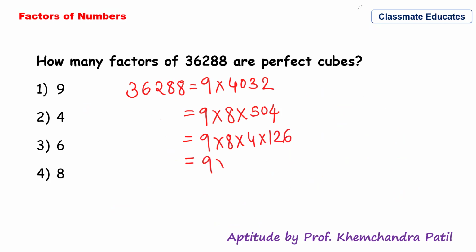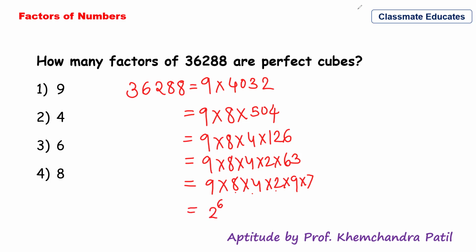Now you are dividing this by 2 again. So that will be 2 multiplied by 63. Now this is perfect. So 9 into 8 into 4 into 2 into 63 is 9 into 7. Now club this together, this will be 2 raised to 6 now, multiplied by this 9 into 9, that is 3 raised to 4 and 7 raised to 1.